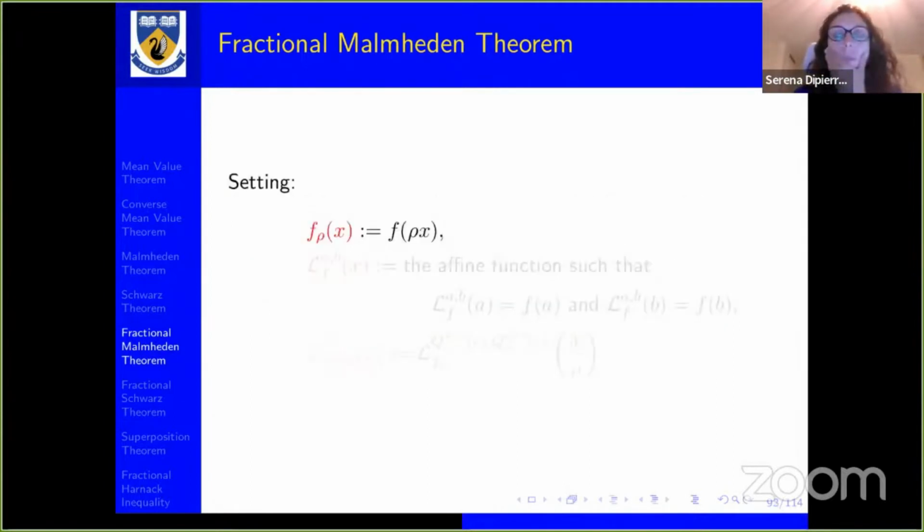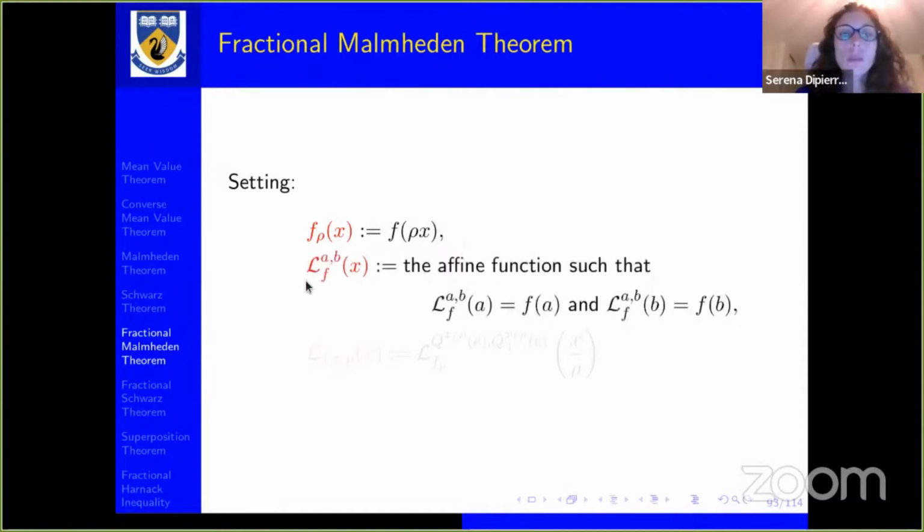Okay, so let me now write down the setting that we work in. So if I have a function f, I define f of rho to be the suitable scaling of the function. So f of rho of x is f of rho x, and rho for us will be bigger than 1 in the game that we are going to play.